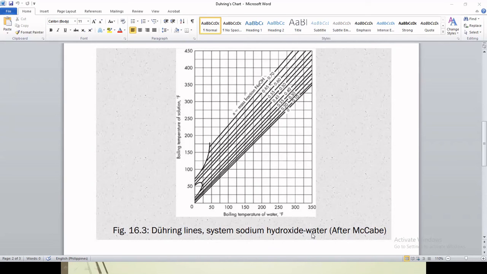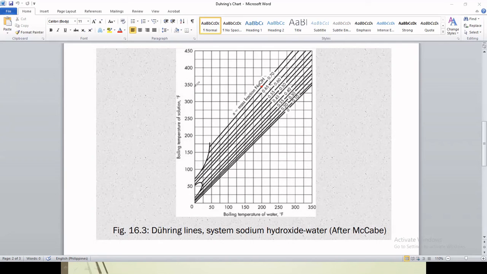So for your sodium hydroxide in water, let's say the saturation temperature, by the way, this is in English units, is 200, and for your percent solids I'll pick the highest here so it won't be difficult, let's say 70% solids.